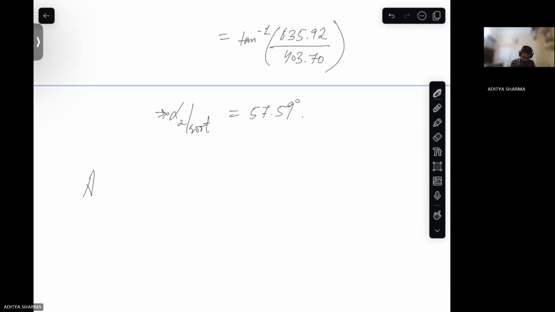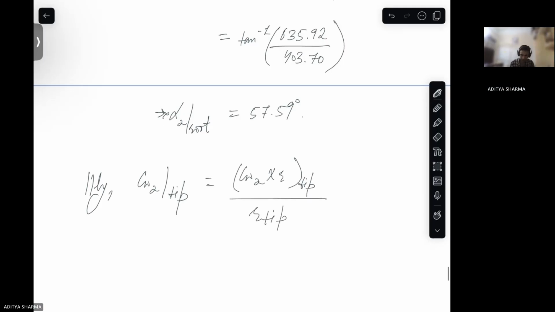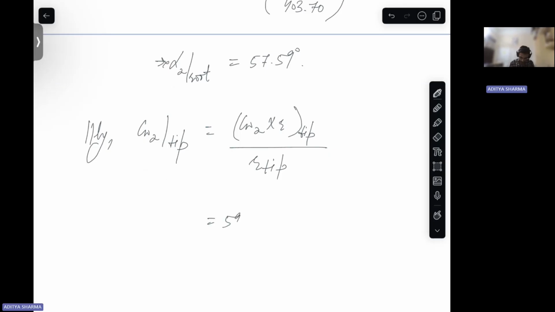Then now CW tip. Here we can write similarly. CW2 into R mean by R tip. So this is 598.52 into 0.3077.